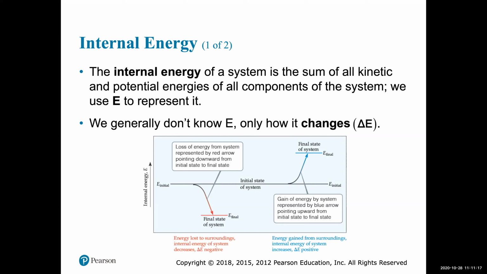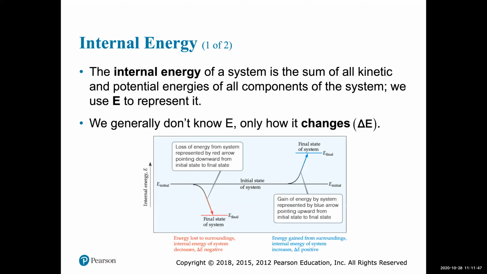If the system loses internal energy, the energy decreases, and so delta E would be negative. In other words, something that's giving off energy is negative. If it's gaining energy from the surroundings, then energy is going into the system, and delta E is positive.